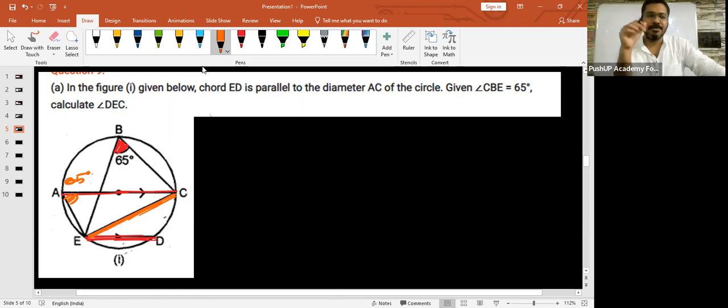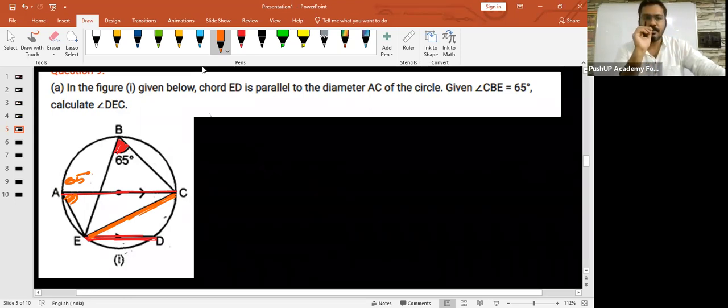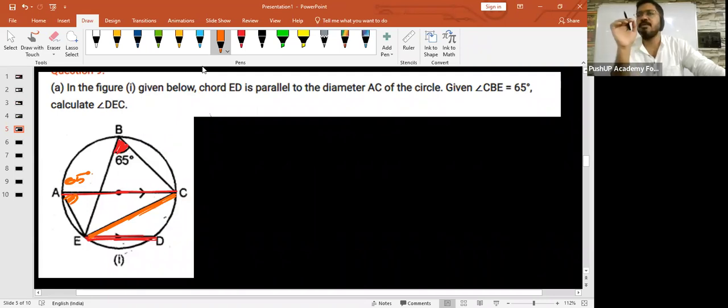Yeah, because what is angle EAC? That is also an angle subtended by the same chord EC on the circumference of the circle. You all agree with this? Sia, Albina, listen. So angle EBC, angle EAC, both the angles are equal to 65 degrees because it is the angle subtended by the same chord on the circumference.